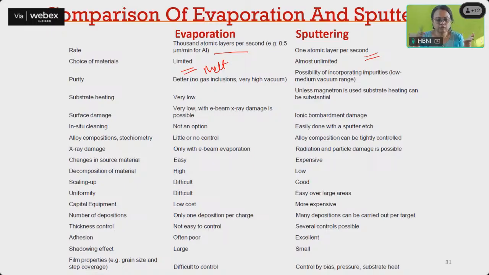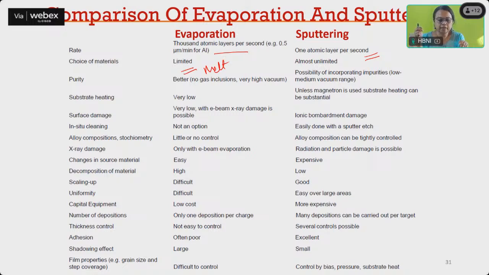Purity in evaporation is better because we are using very high vacuum, and depending on the vacuum you get a very good film. Whereas in sputtering, because there are gas molecules, there can be some incorporation of gases.